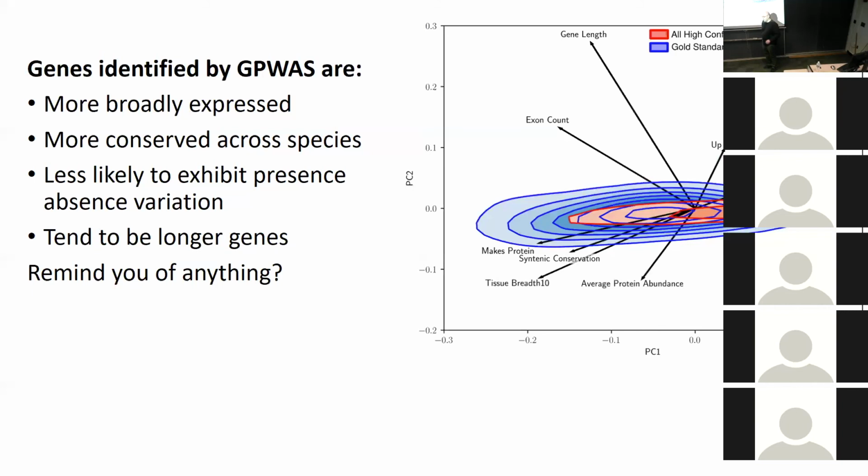Pulling out some of the categories that are exceptions to the overall trend and looking at those would be very interesting in terms of figuring out whether the reason a lot of these are showing up is that they're all correlated, say, with expression, or whether they have separate predictive power. I haven't done that yet. I would be interested to find out the answer and share it with you.